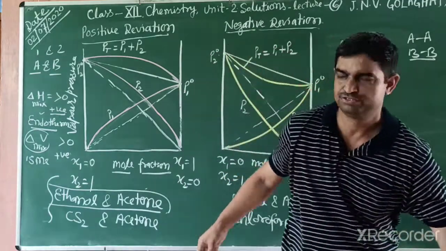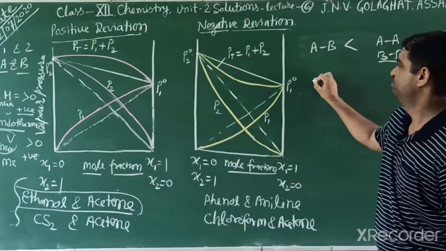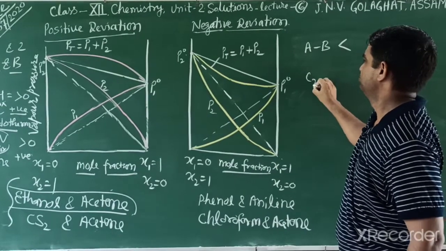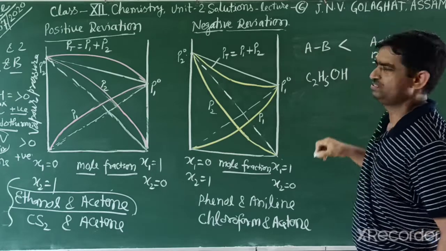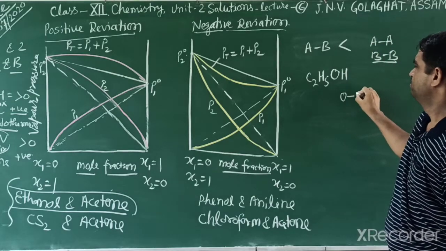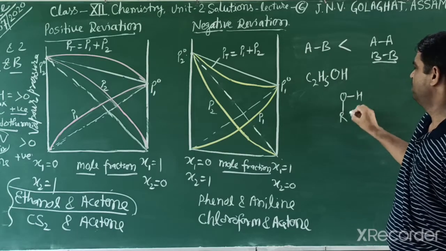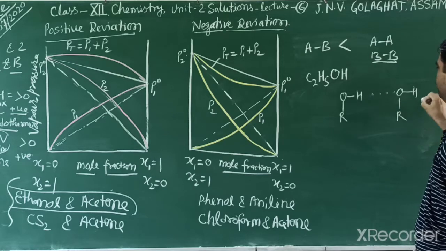Students, you know what ethanol is from 11th class? Ethanol is an alcohol, C2H5OH. We can write alcohol as ROH, and there is intermolecular hydrogen bonding.